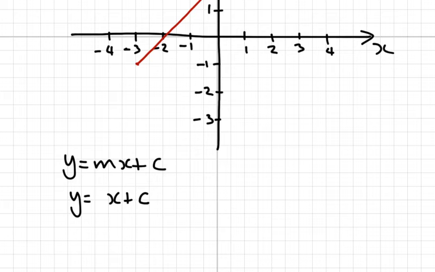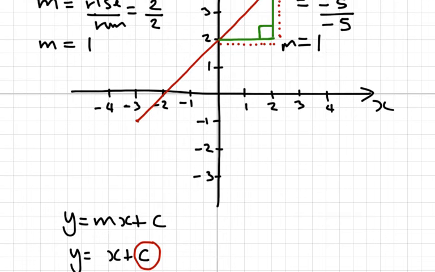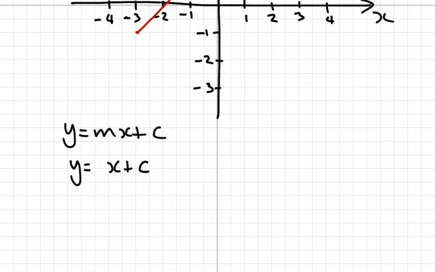Now, earlier I did say that c is where the graph cuts the y-axis. So I'll pull this down a bit, and we can clearly see that the line cuts the y-axis right there at 2. So c is definitely 2. All I need to do now is finish this off.